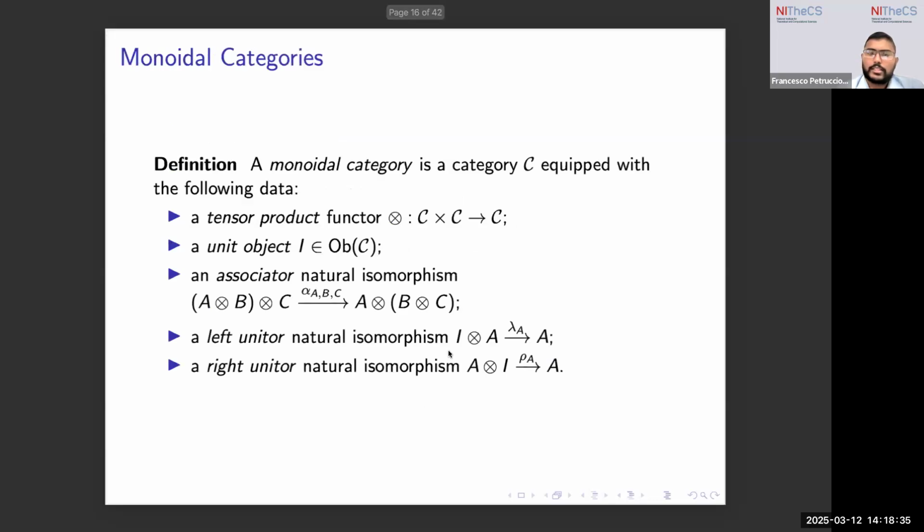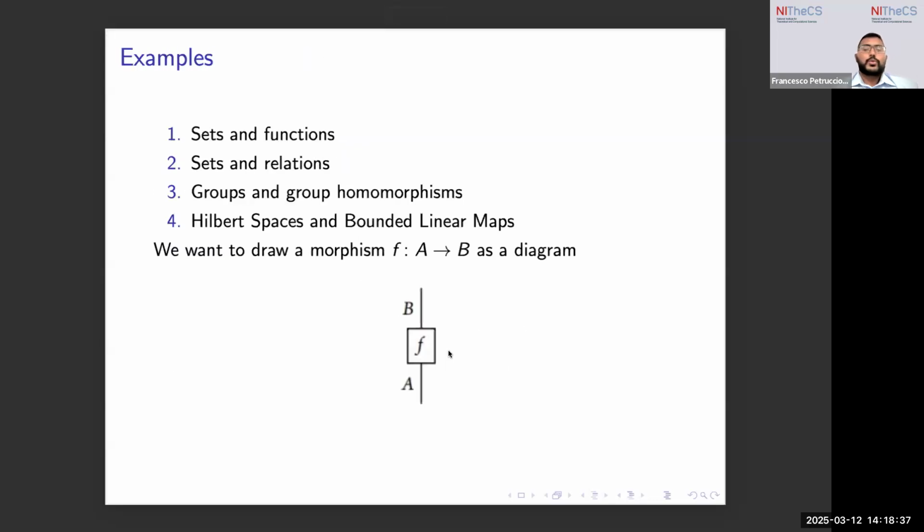I think I'm missing a slide, but to do this, we need to recall that in quantum mechanics, combining two quantum systems in parallel corresponds to taking the tensor product of their state spaces.